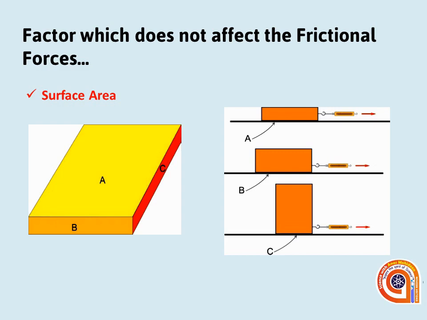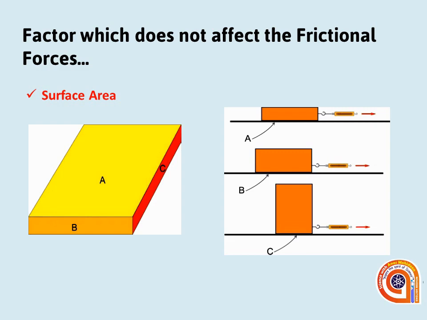What I am going to do now is keep this object over a horizontal surface. First I am taking surface A as the contacting surface area, and then B, and then C. In all three instances I am going to pull the object using a Newton spring balance.